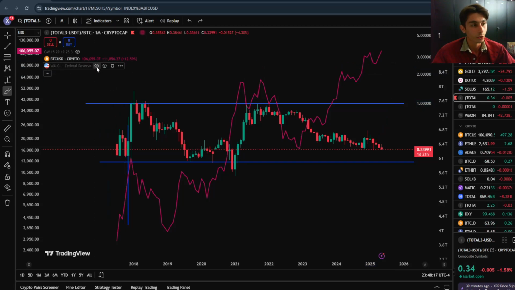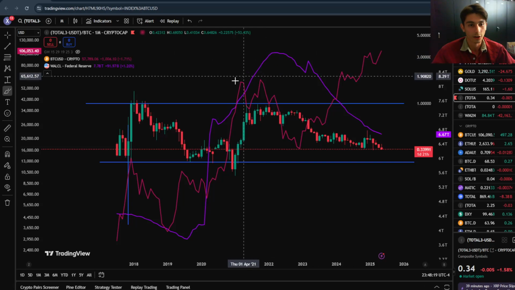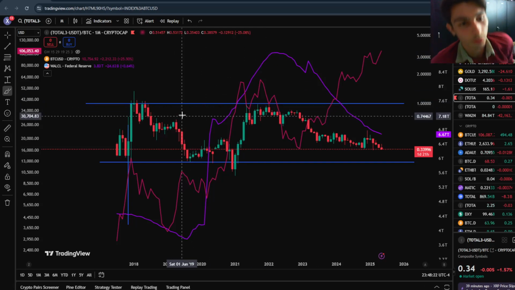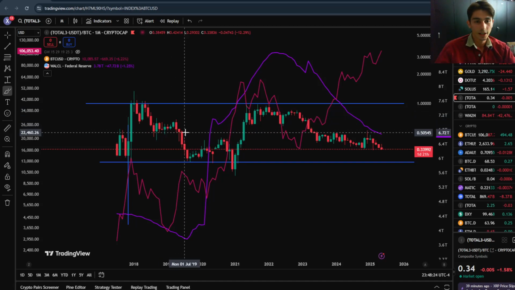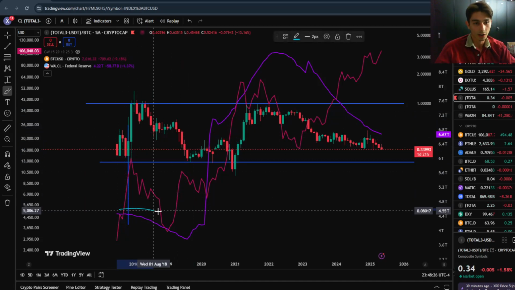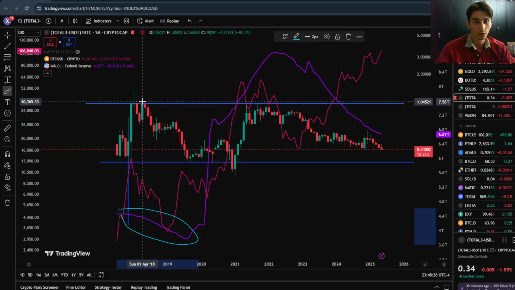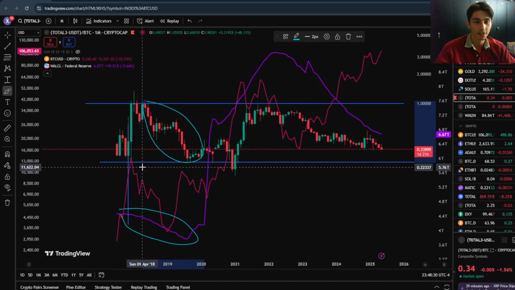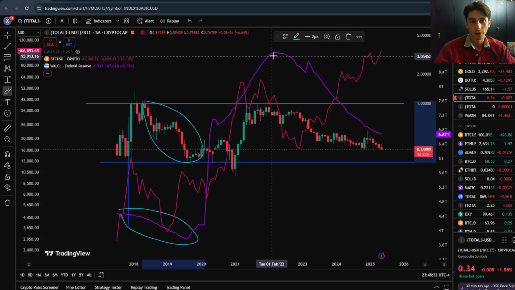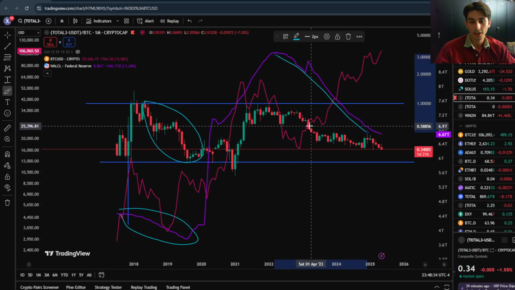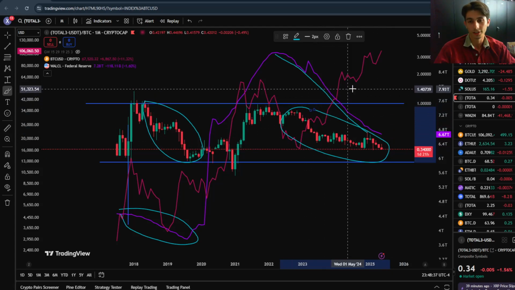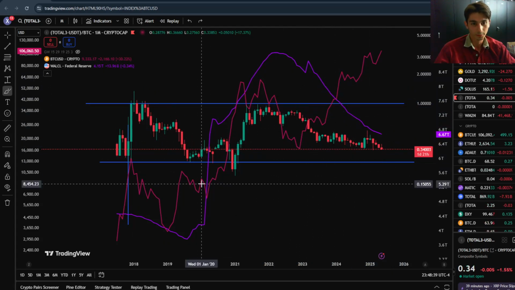Well, if you overlay the assets held by the Federal Reserve, anytime this goes down, we can see that altcoins flock to the relative safety of Bitcoin, the king.